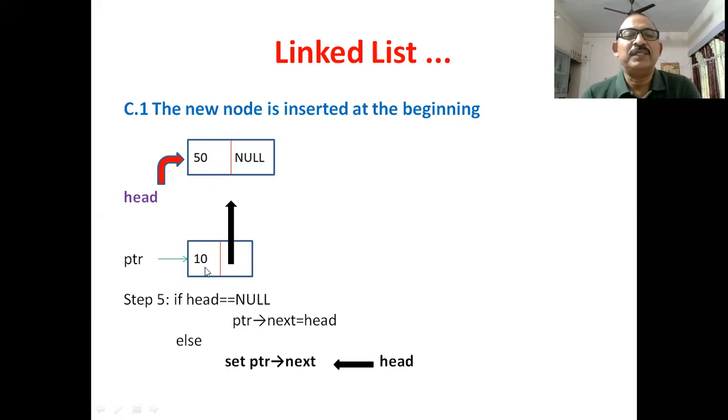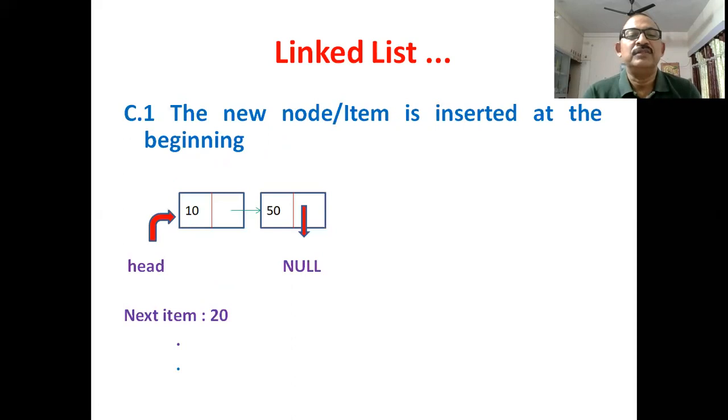The first node becomes this node, and the next node becomes this node. Here in this picture you can see the first node is 10 and the next node is 50. Is it clear? In this way you can insert the next item, suppose 20, and let us see what will happen.